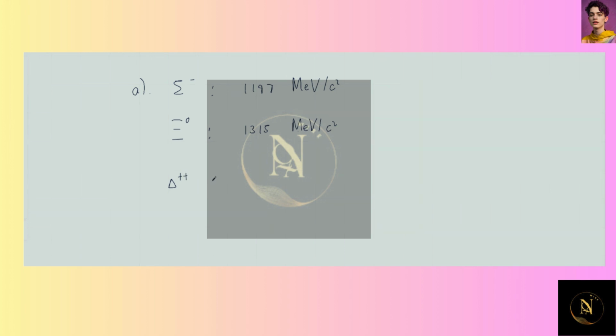The delta plus plus particle has a mass of 1232 MeV/c², and the omega minus particle has a mass of 1672 MeV/c². So we can see from here that the omega minus particle has the largest mass and the sigma minus particle has the smallest mass.